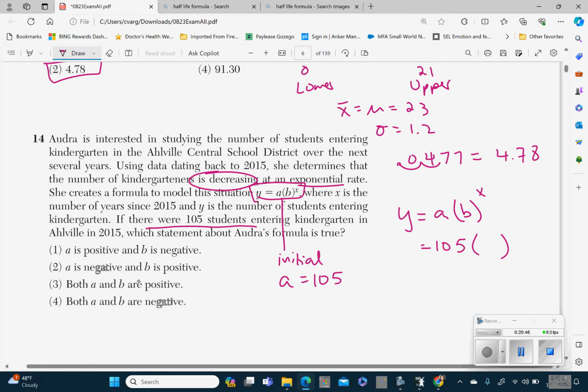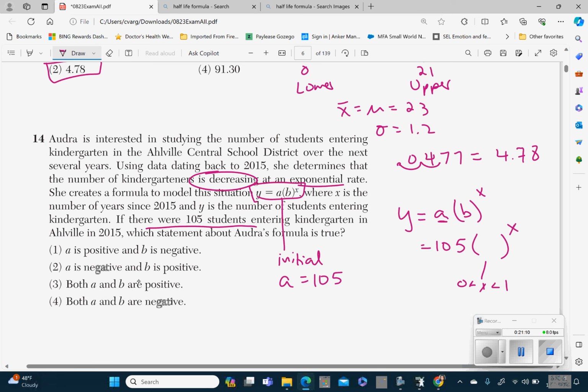Our b, since it's decreasing, we know that this number has to be between 0 and 1. So it's 0 less than b less than 1. It can't be 0 or 1. So what do we know? We know that both of these numbers are a and b.